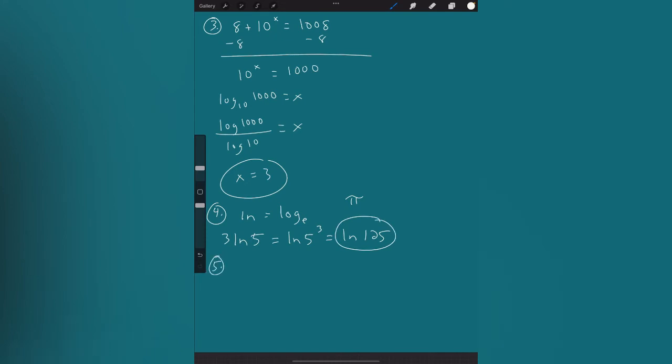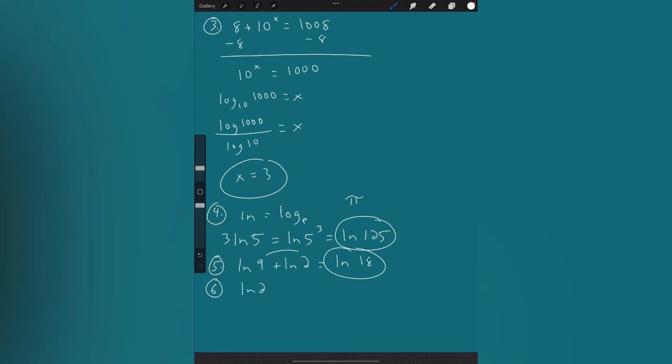Okay, number 5. I have ln of 9 plus ln of 2. Just the same exact thing as we did with logarithms before. When we're adding logs together, we can just multiply the arguments, right? So my answer would be ln of 18. Okay, number 6.